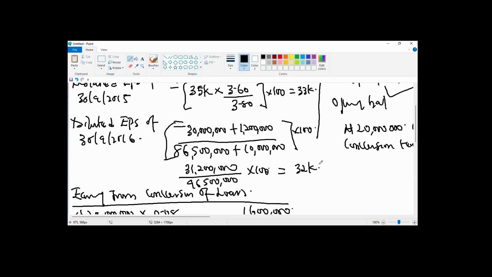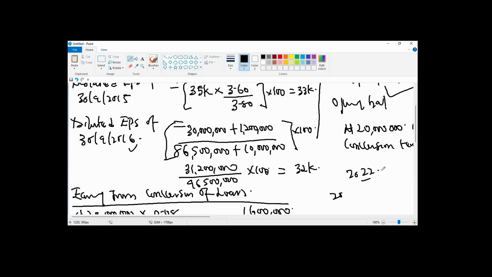But look at that question. Which year are we doing? We are doing 30th September 2016. And when did they have the opportunity to convert? They've not converted in that year. They are going to convert in 2022, from 2016 up to redemption in 2022.